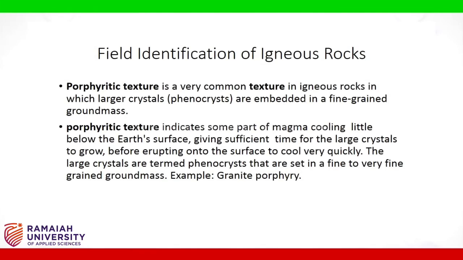Porphyritic texture is a very common texture in igneous rocks in which large crystals, phenocrysts, are embedded in a fine-grained groundmass. Porphyritic texture indicates some part of magma cooling a little below the Earth's surface, giving sufficient time for the large crystals to grow before erupting onto the surface to cool very quickly.